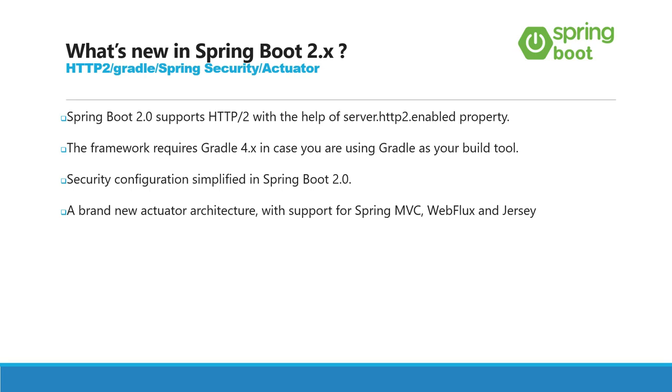Actuator provides production-grade features which were already provided by Spring Boot 1 itself, but there were some enhancements with respect to Spring Boot actuator. So there are some new REST APIs added with respect to Spring MVC, WebFlux, and Jersey.